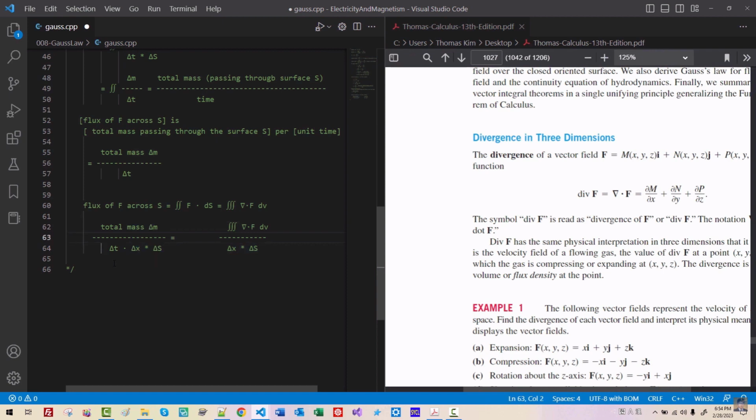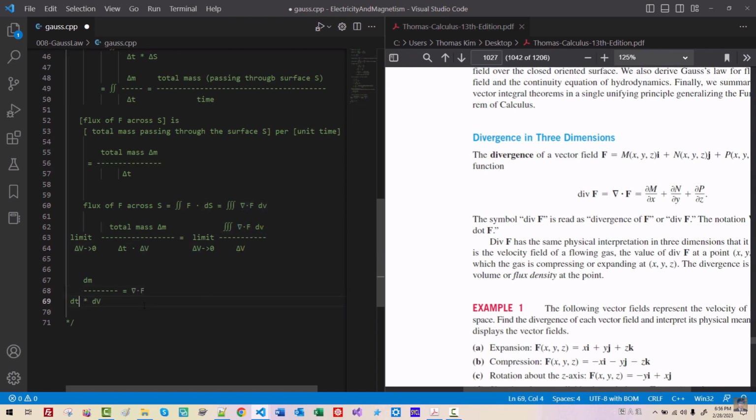Now we take the limit. The volume V approaches 0. So volume is approaching 0. Now let's pay attention to this part. The left hand side becomes dm over dt times dv, and this volume cancels out.